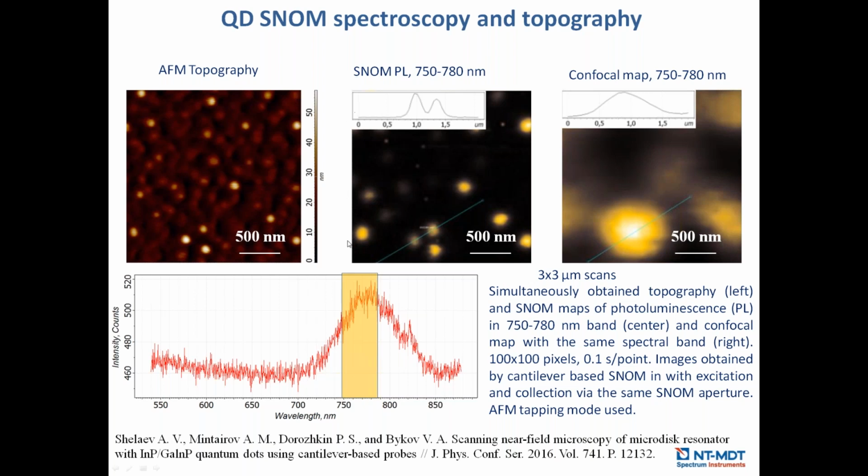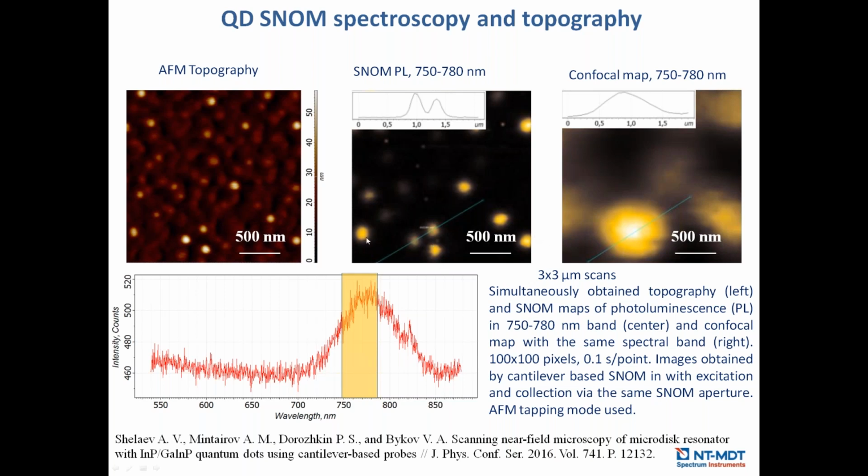So in this SNOM data we used tapping mode as a feedback mechanism, and because the sample is opaque, in the same tip excitation-collection configuration through the aperture, we acquired such a SNOM photoluminescence map, and we can see a nice correlation with topography.